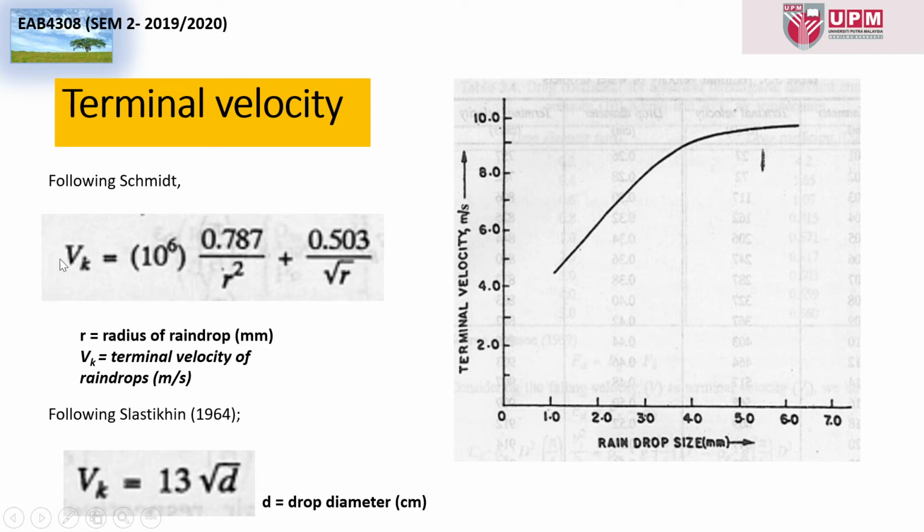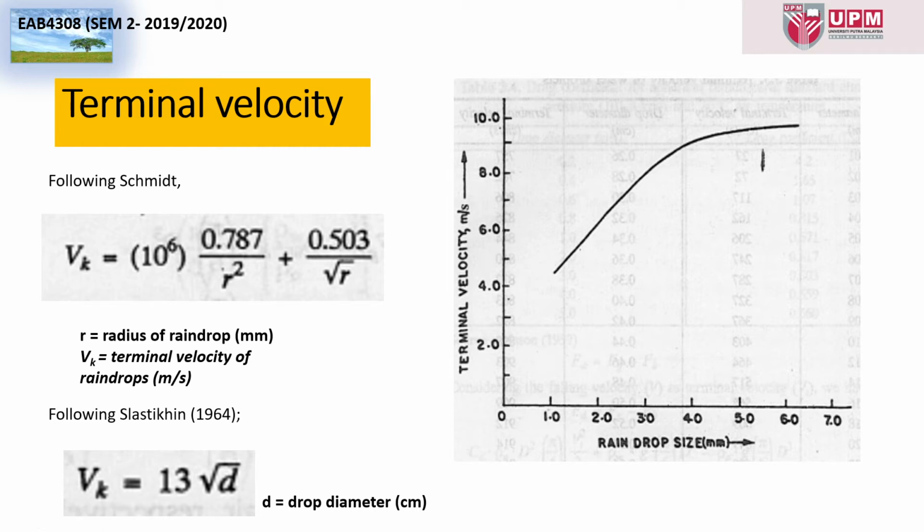Vk is the terminal velocity of raindrops in meter per second. After that, following another scientist, Laskin, 1964, the equation is simplified and it becomes like this. Very simple. D is the drop diameter of the raindrop.